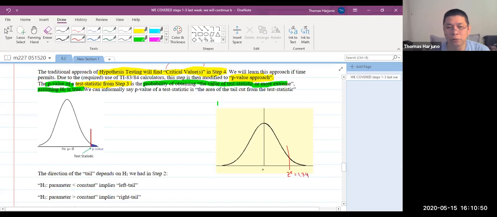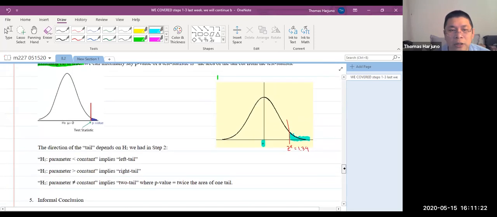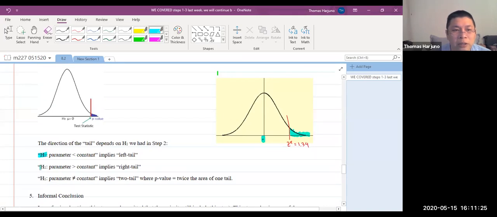Now the p-value is the probability to obtain this test statistic or a more extreme situation, assuming that the null hypothesis, the mu, is whatever we have in the null hypothesis. Of course, then we need to see whether the alternate hypothesis wants us to do it in the left or right tail.